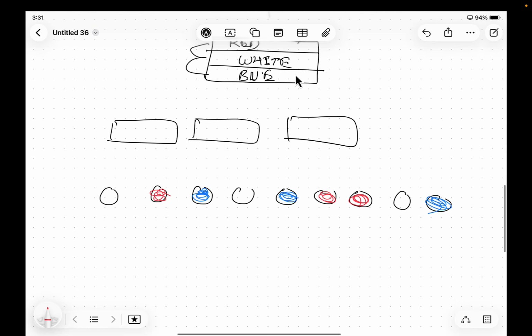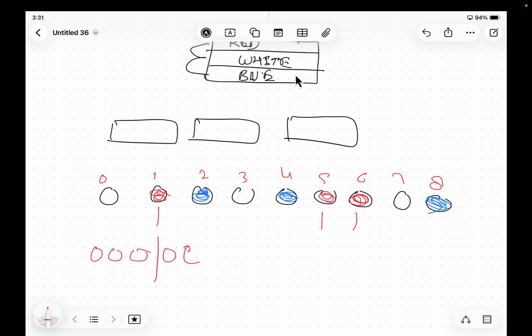So they are saying keep all the red together, meaning 1, 5, 6 should come together. Then white means 0, 3 and 7. Then the last is the blue one, so blue should be 2, 4 and 8. So these are the actual categories.